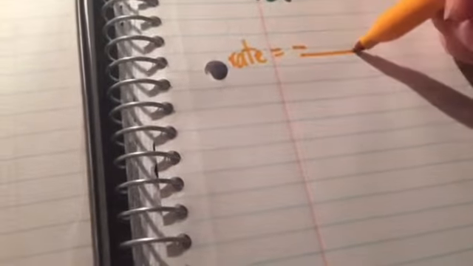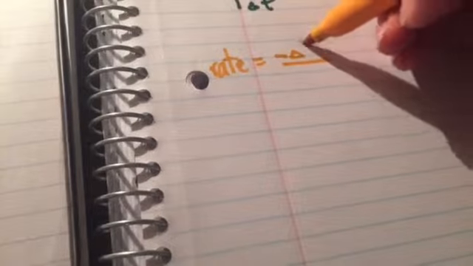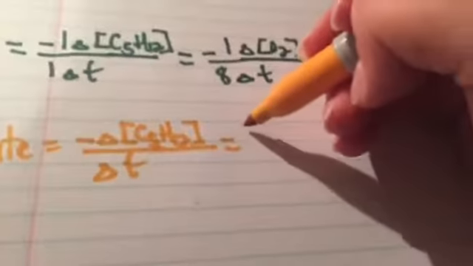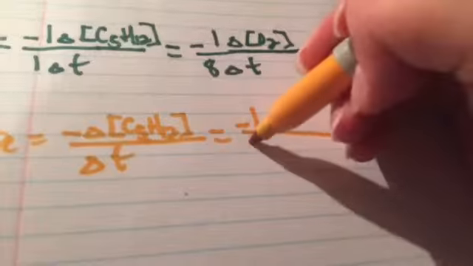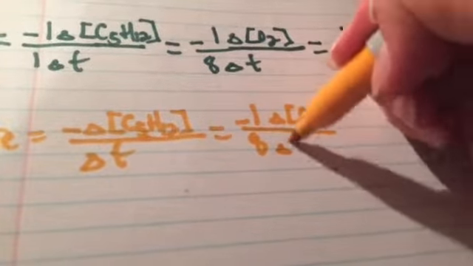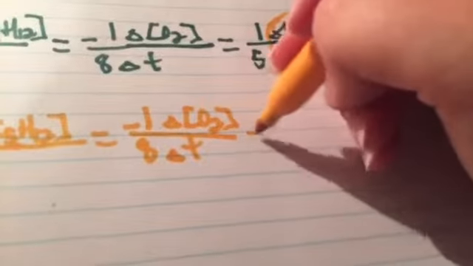So we're going to rewrite our rate. So rate equals, we can ignore those ones now, change in the concentration of C5H12 over change in time equals negative 1 over 8, change in the concentration of oxygen over change in time.